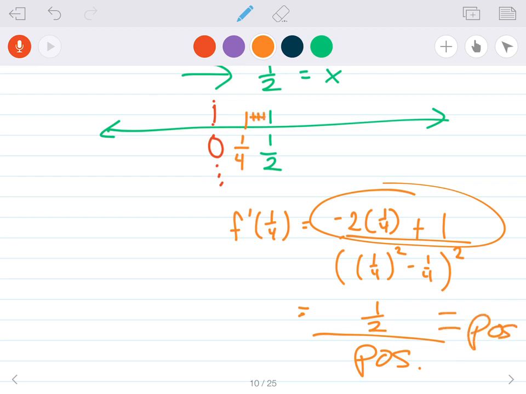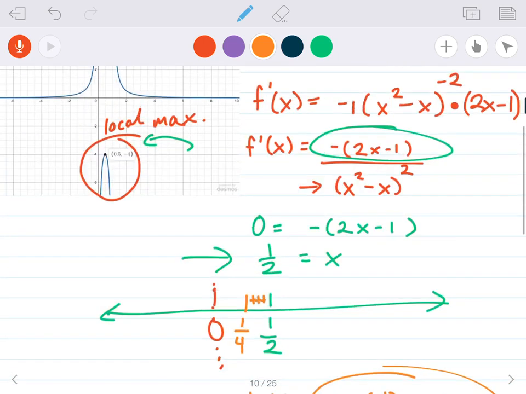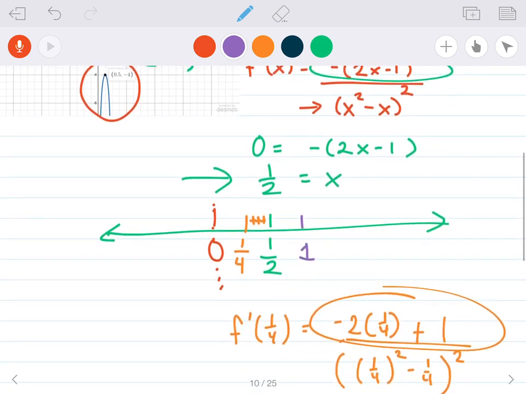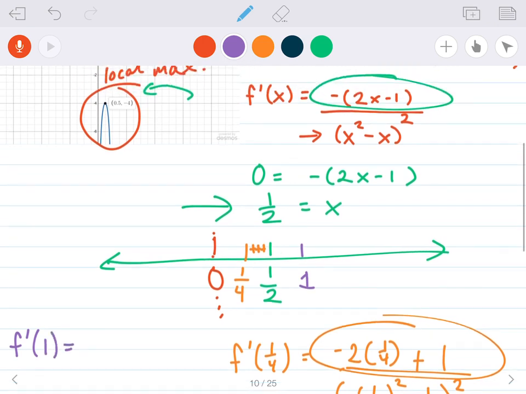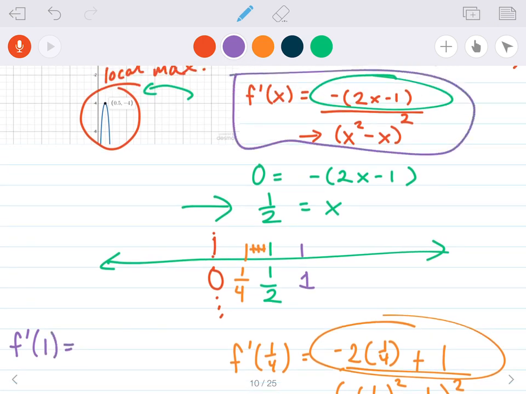And then let's look at what happens after 1/2. Pretty close to after 1/2. What about 1? That's after 1/2. What happens at x equals 1? Well, let's plug 1 into our derivative function, which is, again, right here.